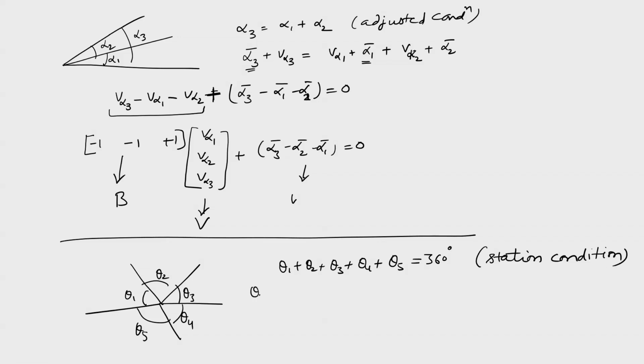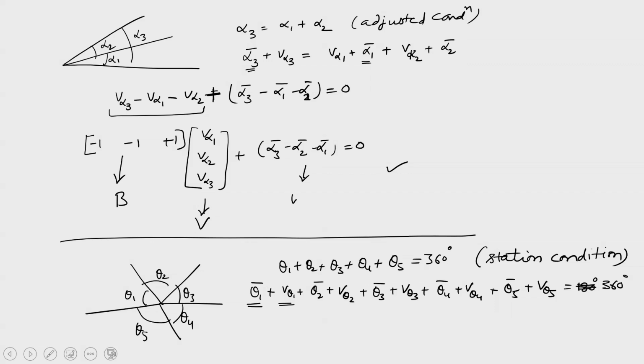That means I can write theta 1 bar plus V theta 1 plus theta 2 bar plus V theta 2 plus theta 3 bar plus V theta 3 plus theta 4 bar plus V theta 4 plus theta 5 bar plus V theta 5 equals 360 degrees, because these are measurements with some errors. Find out what is the B matrix, the V matrix, the W matrix, and then you are done.